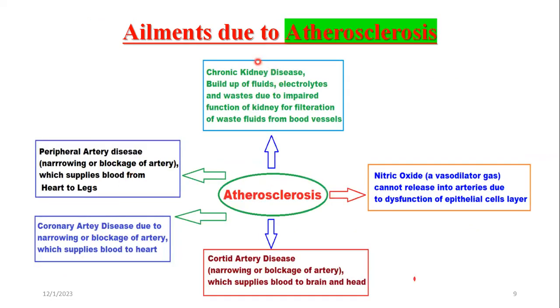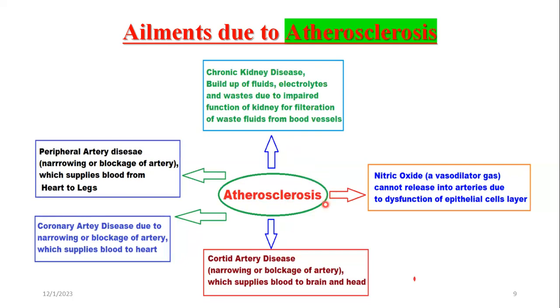Now, what are the ailments which are produced in our bodies due to atherosclerosis, or the buildup of plaque due to the higher level of LDLs in our blood vessels and body tissues?